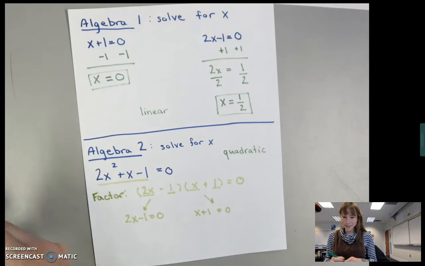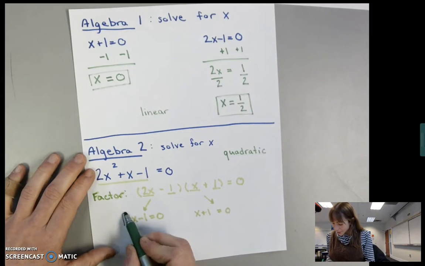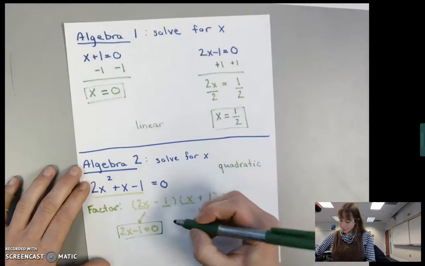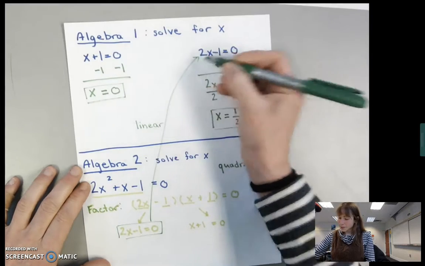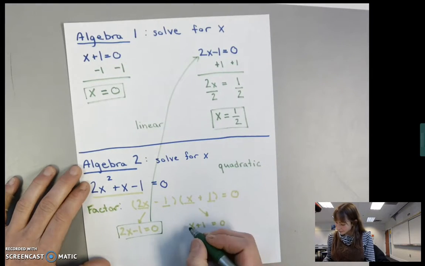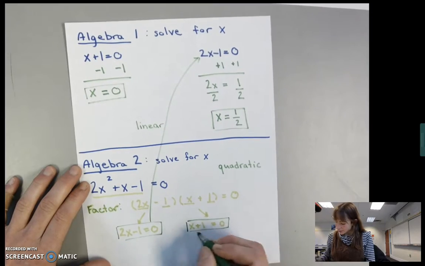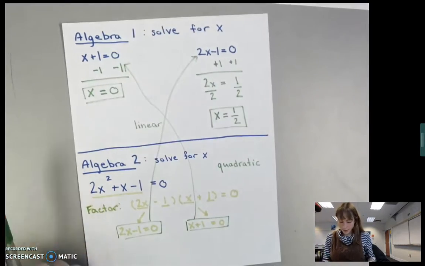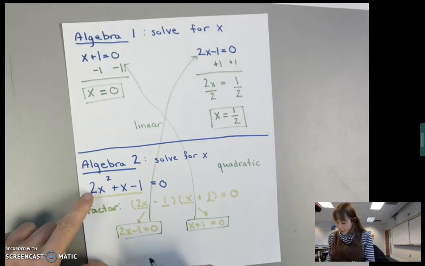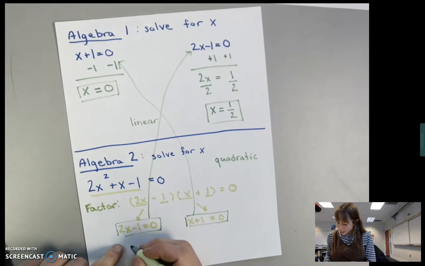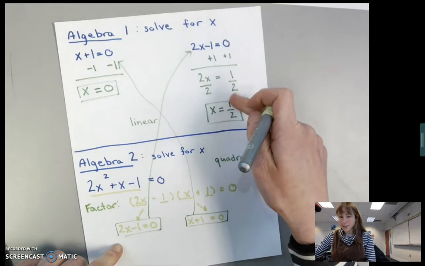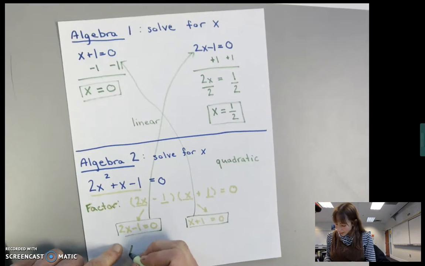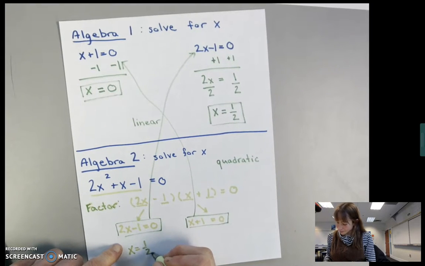See any patterns? This equation came from the Algebra 1 example. We already solved that. And this linear equation was this Algebra 1 example, and we already solved that. So we can see from here, if I were to use the same exact process as Algebra 1, I get x equals 1/2.